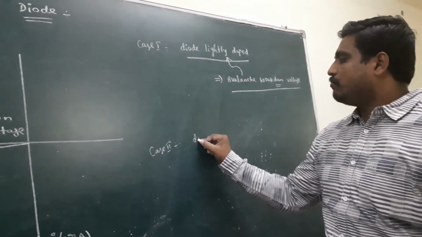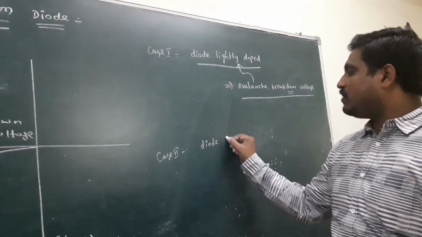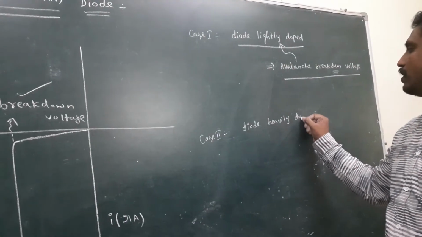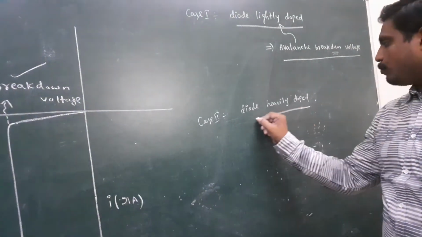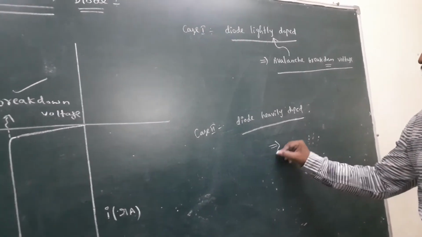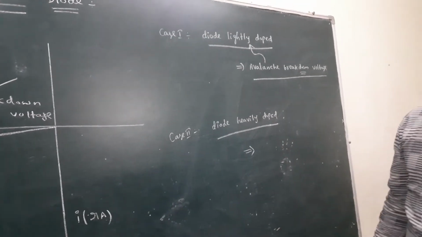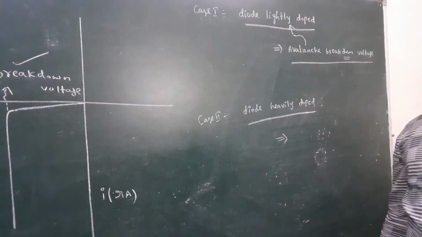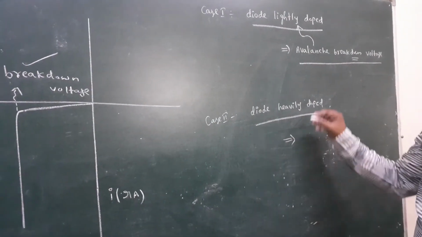Next, case 2, the diode is heavily doped. Heavily doped means doping, adding impurities, so charge carriers increase: minority charge carriers increase, majority charge carriers also increase.